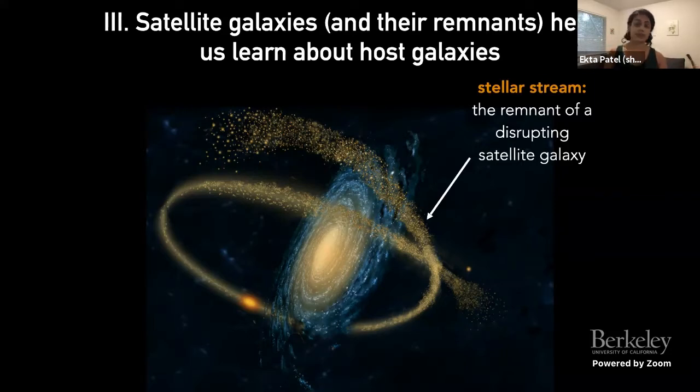So these stellar streams are one example of what I mean when I say the remnant of a satellite galaxy. And these pieces of information, when you add them all together, are very useful in helping us understand the gravitational field and the properties of this central host galaxy that the satellites are orbiting around.